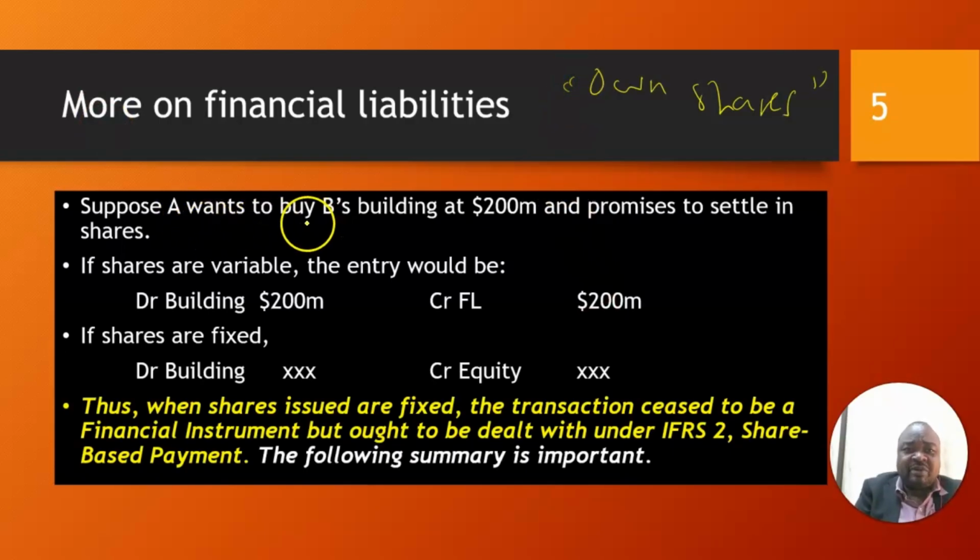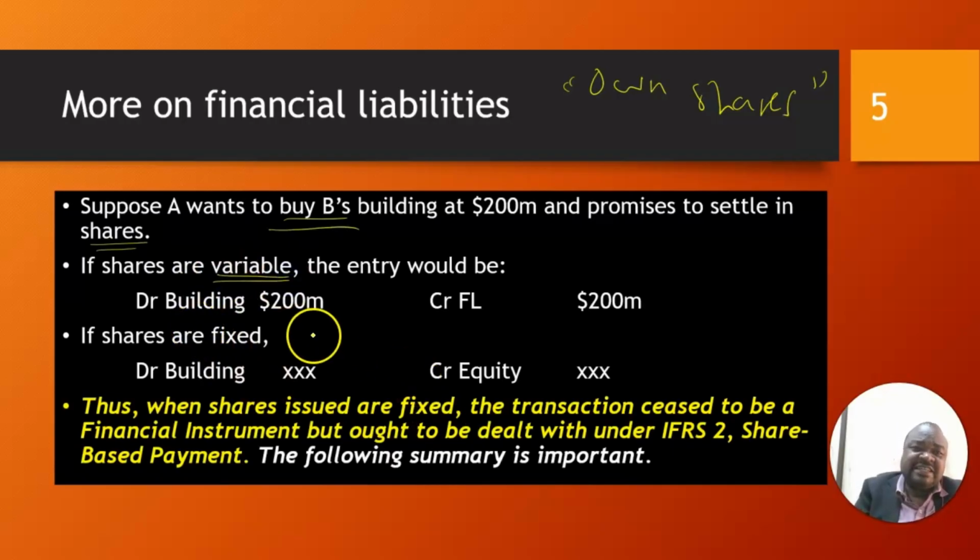Suppose A wants to buy B's building at 200 million and promises to settle in shares. So A wants to use its own shares to buy B's building. How is A going to treat this transaction if the quantity of shares is going to be variable?